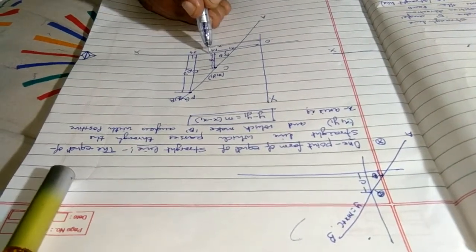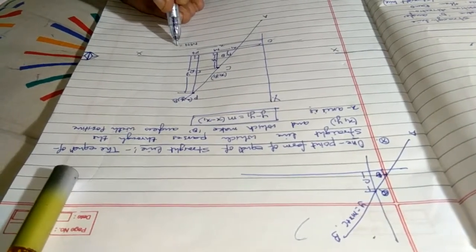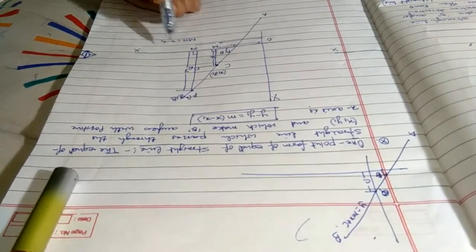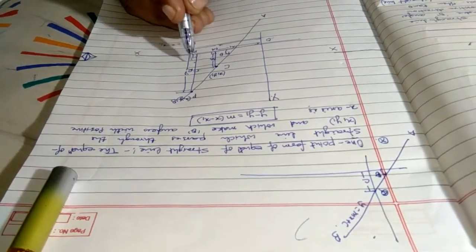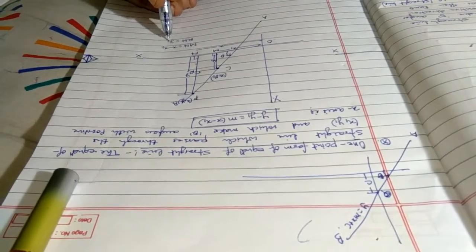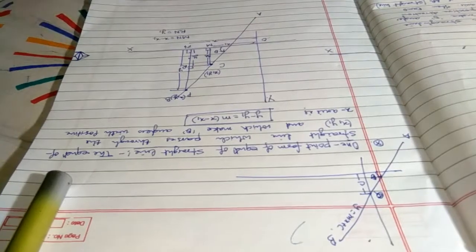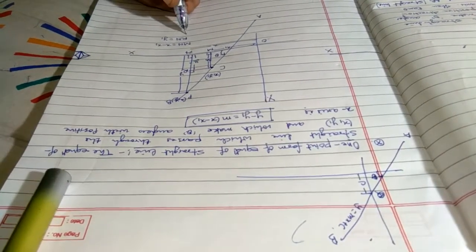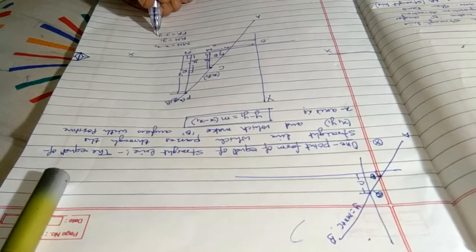So what will be the distance of MN? MN will be equal to x minus x1, and opposite sides of a rectangle are equal, therefore RN is equal to y1, and from the figure it is quite clear that PR is equal to y minus y1.